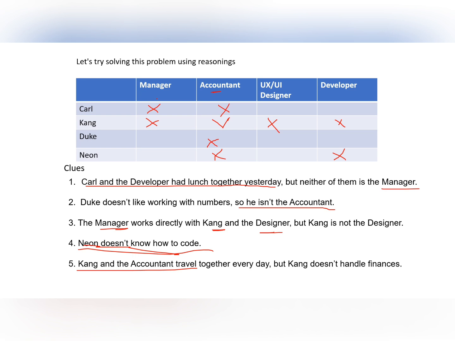So, the developer must be Carl. And we know that the accountant role has been taken, and Carl is the developer.